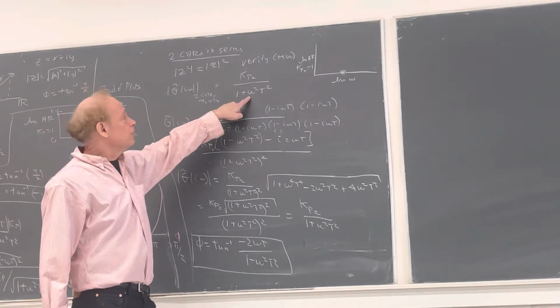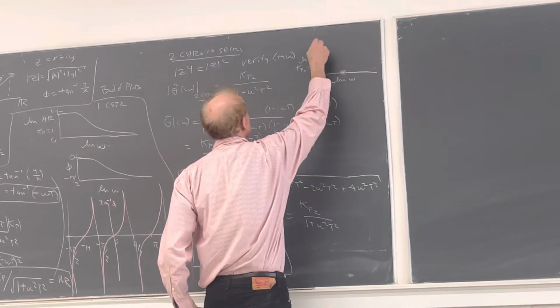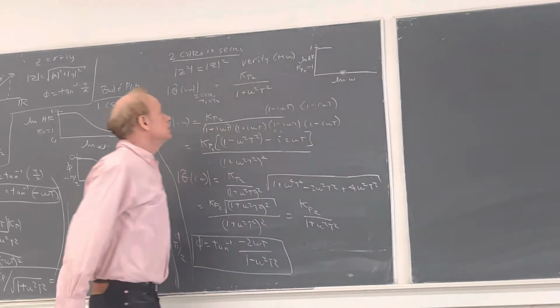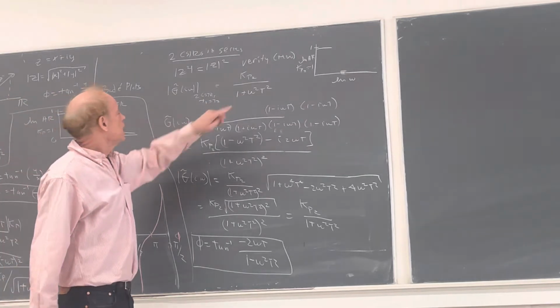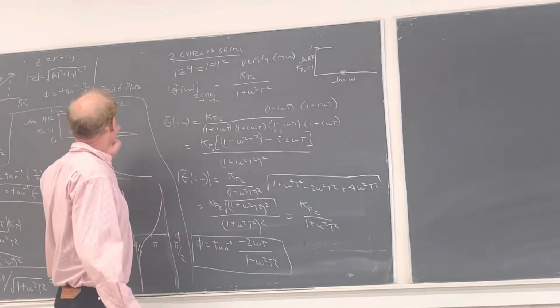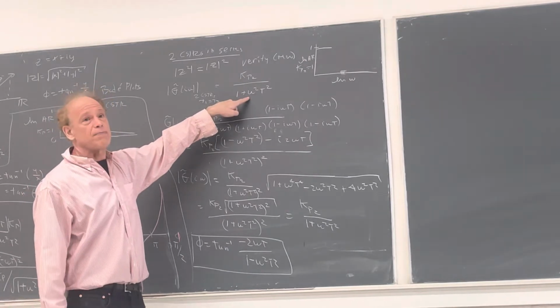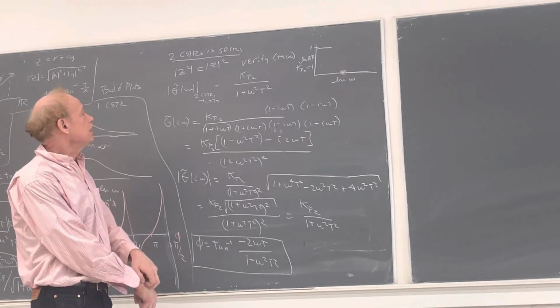When omega is 0, I just get 1 in the denominator and 1 in the numerator, so again it looks like this. But what happens when omega gets large? Actually, I think I did this wrong, so I want to fix this as well. First, let's fix this, do this right, and then I'll fix that.